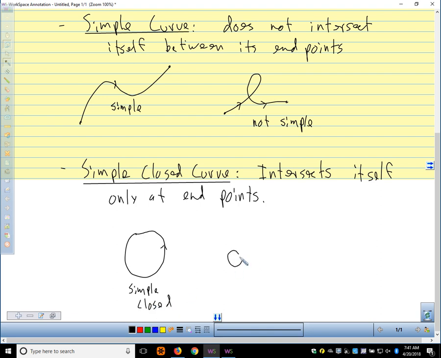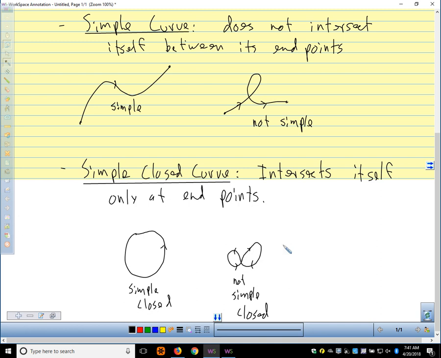Something like this, going around that figure 8, not simple closed, because this one intersects itself. All right, so we're going to be interested in simple closed curves.